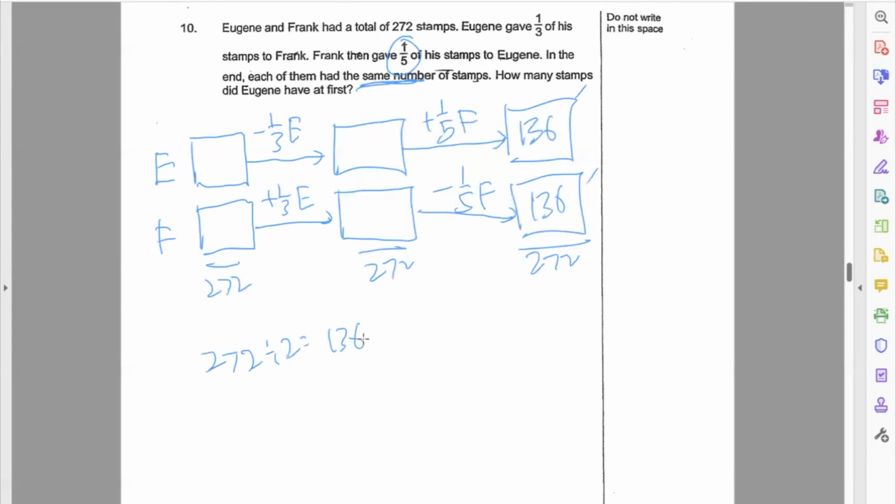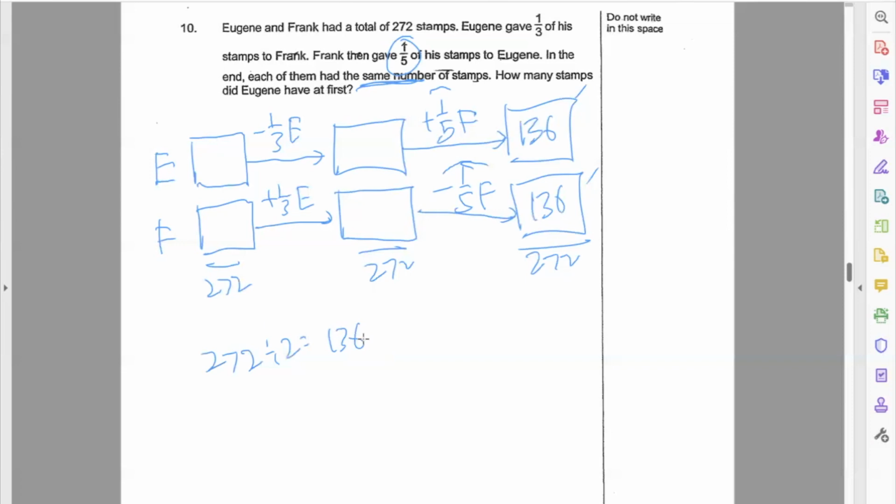To work backwards, I always start with the person with a negative, the person that gives away. Do not start with plus 1/5. Start with minus 1/5. Always start with the person or items that has given away his parts to the other person. So 136.